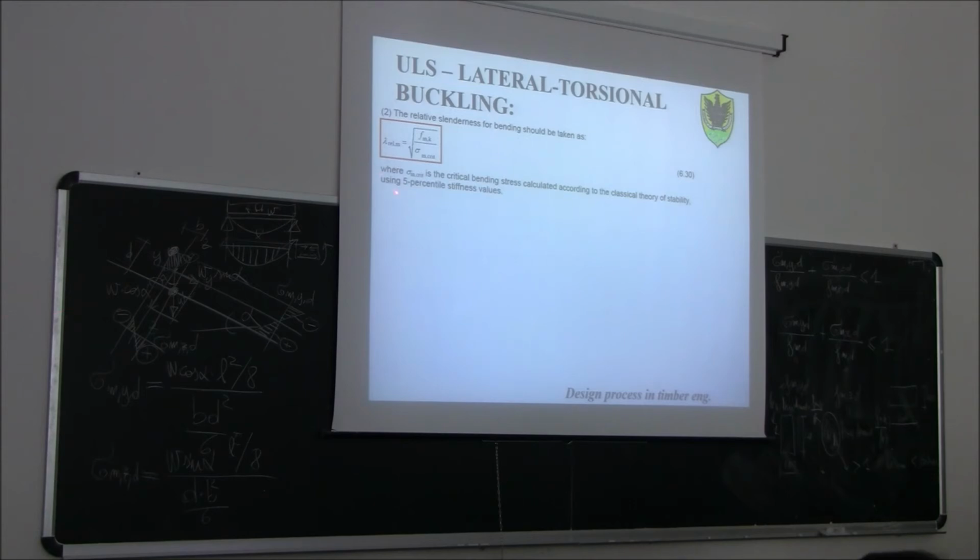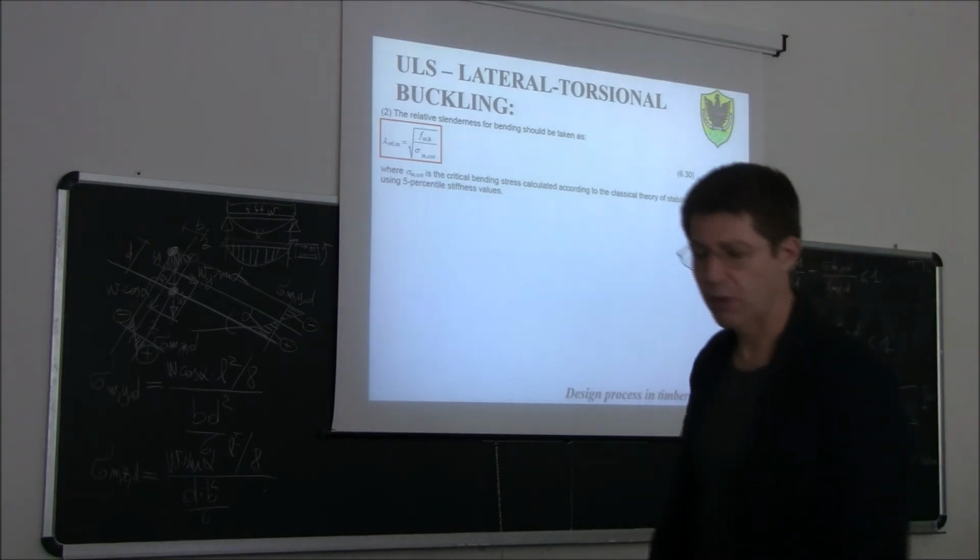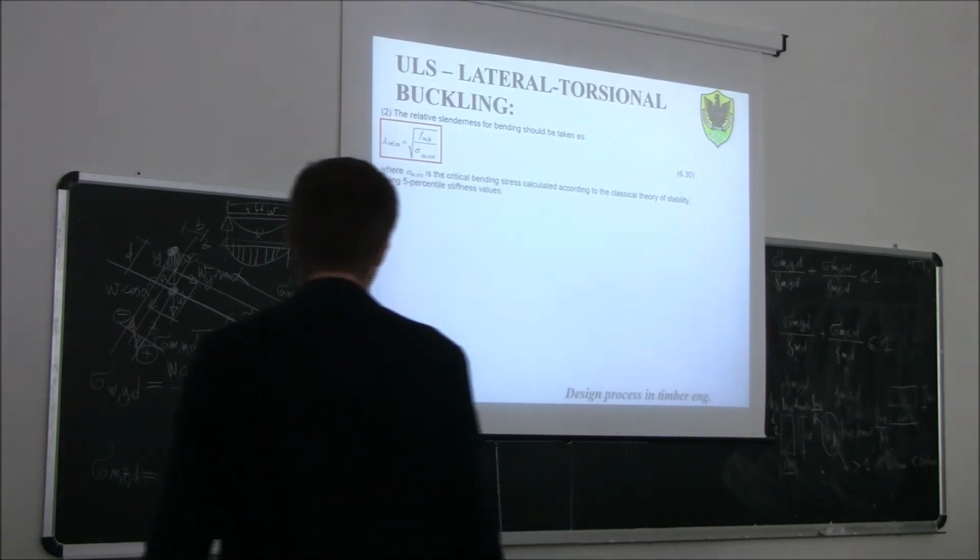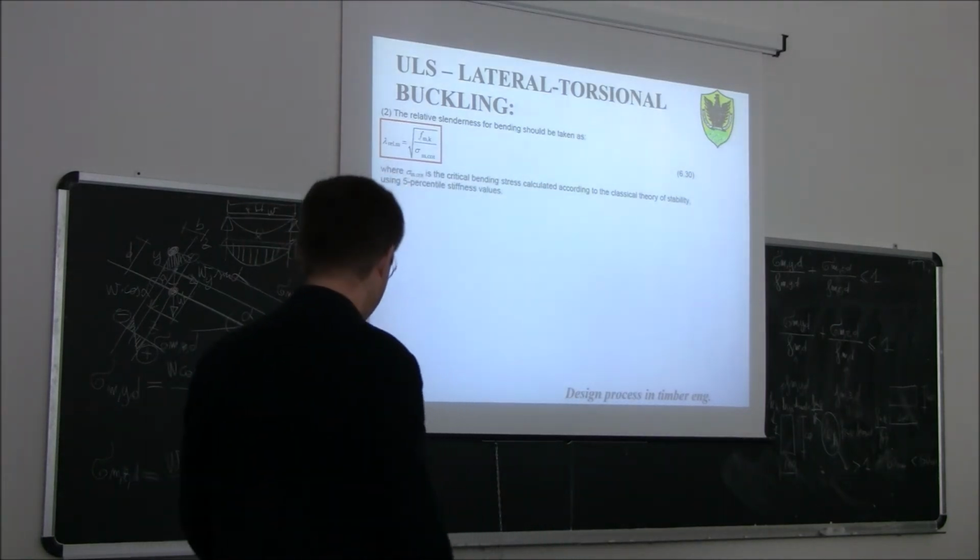And for timber, we will have to use the 5th percentile stiffness value. So again, we will not use the mean Young's modulus, but the 5th percentile, the characteristic value of the timber Young's modulus parallel to the grain.